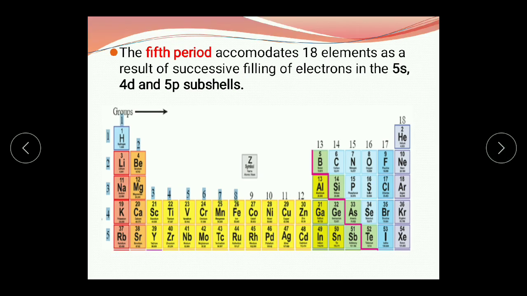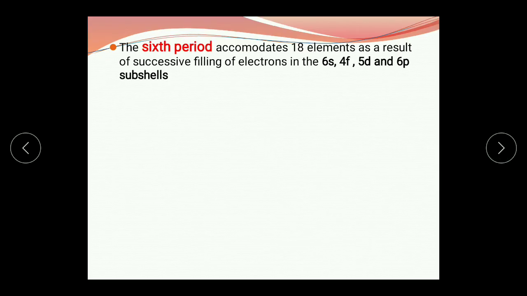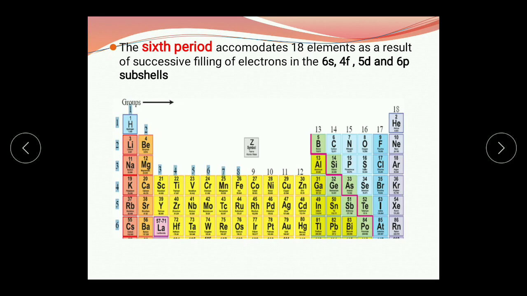Now what about the sixth period? Sixth period accommodates 18 as well as 14 of the first series of f block. It accommodates 18 normally, but in the sixth period, as we have seen here, these 57 to 71 elements are there in the sixth period only.